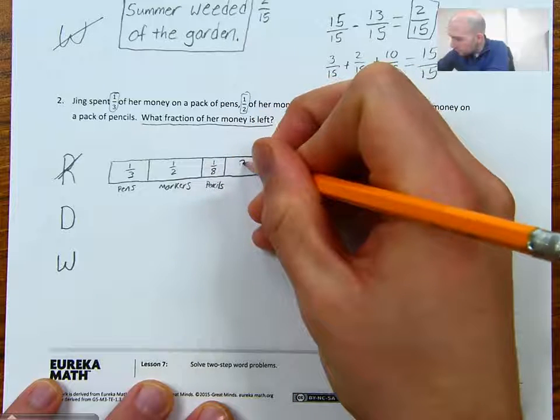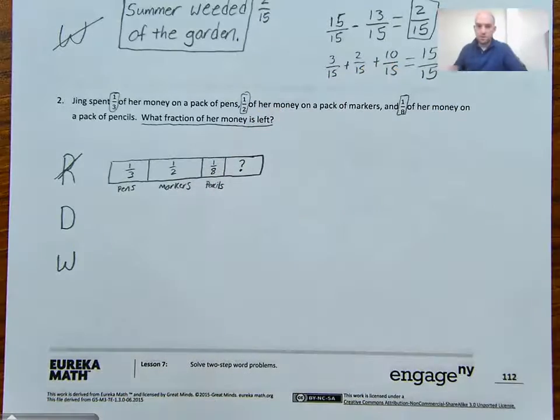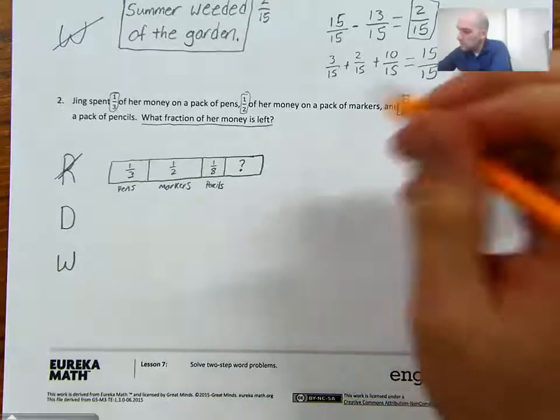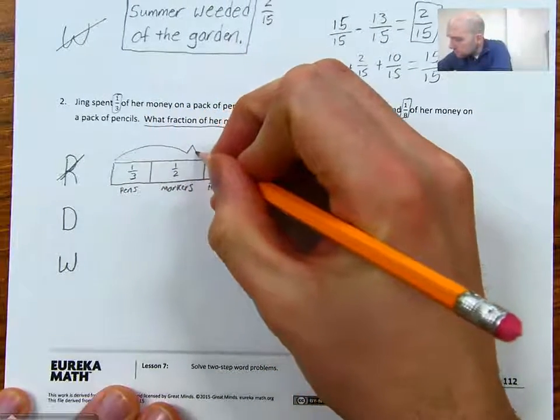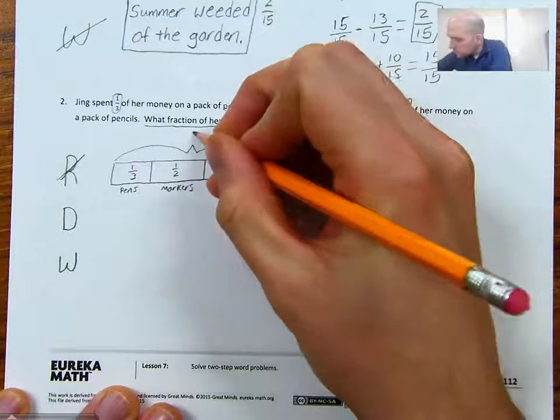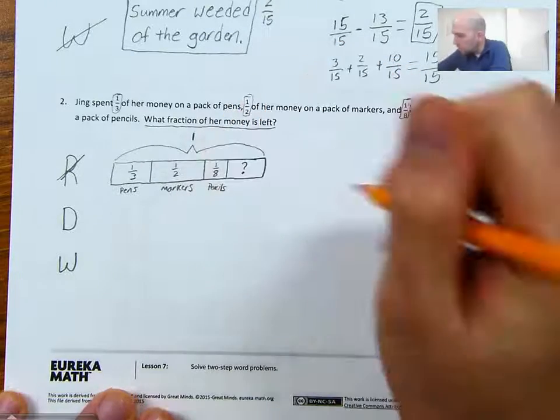And we're trying to figure out what's left. How much of her money is left over? So again, we know that this whole thing here is one whole.